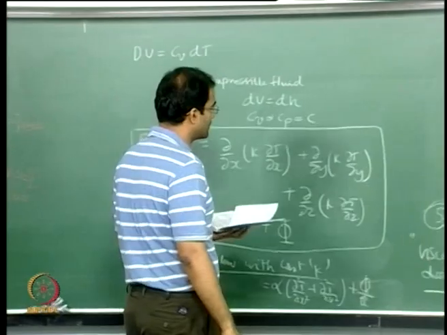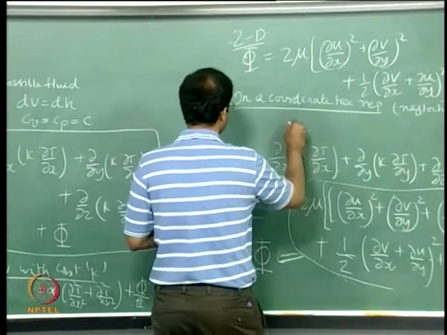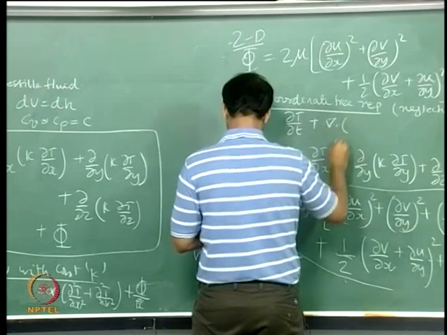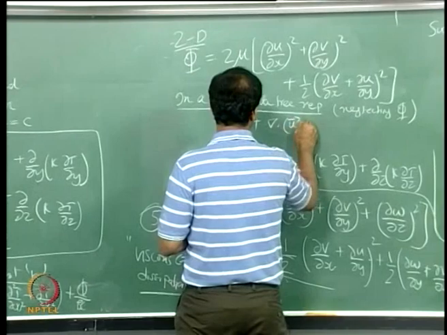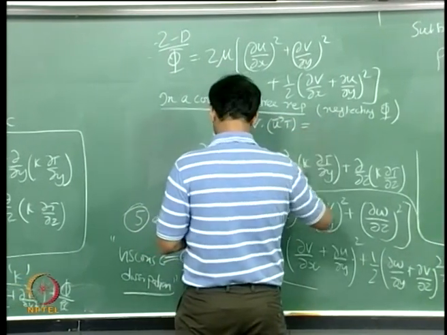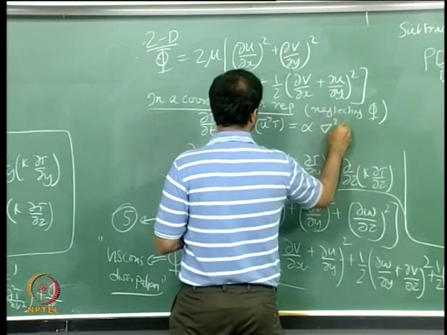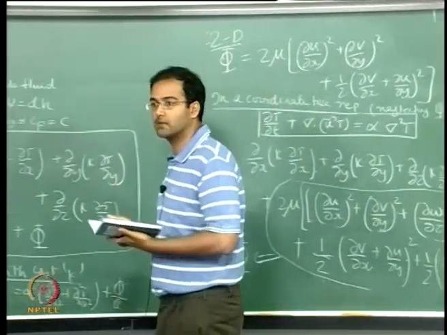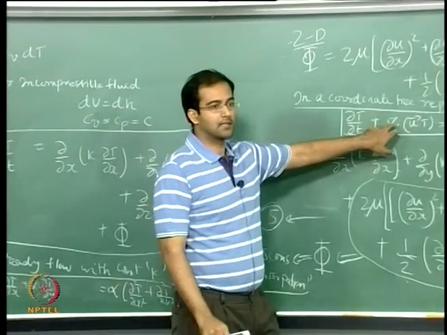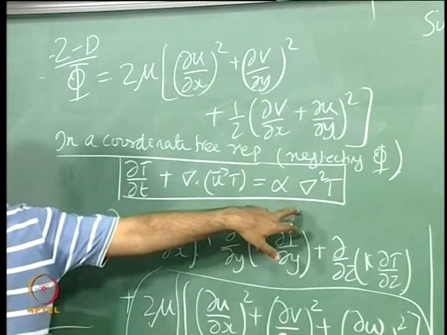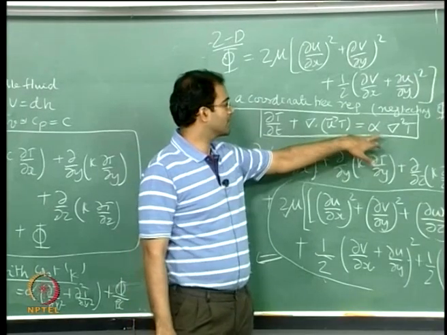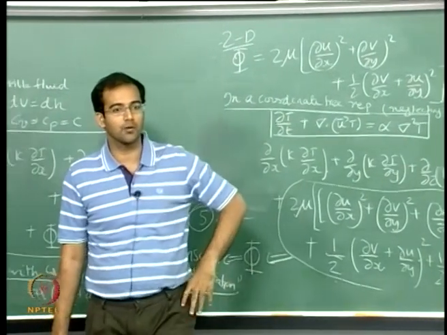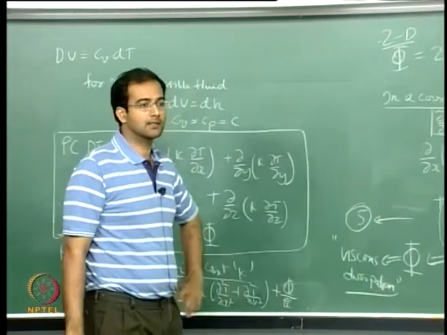Suppose you don't make a steady state approximation, but still it's unsteady, you can write this as dT by dt plus del dot u vector times the temperature, which is equal to alpha del square T. So this is my equation for temperature, right? So this is your advection term, this is your diffusion term right here. They are represented in terms of your divergence and your Laplacian, which you can substitute for the corresponding coordinate system. Okay, so this is a common representation.